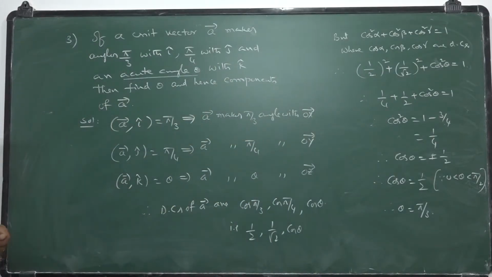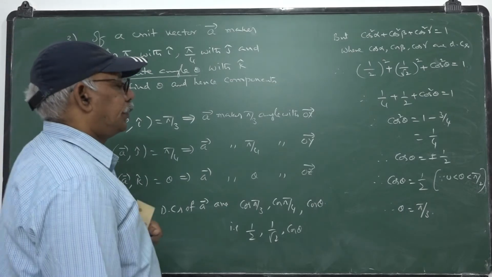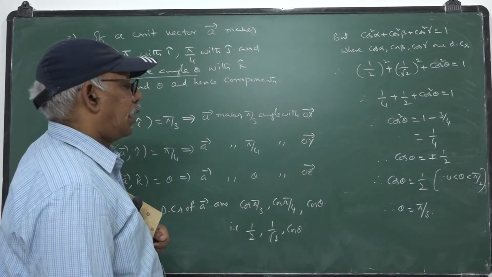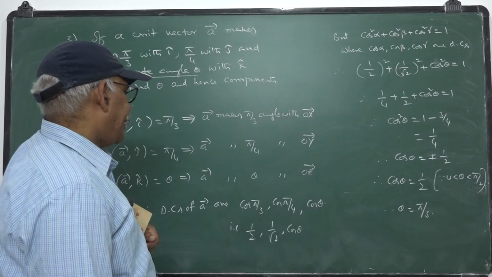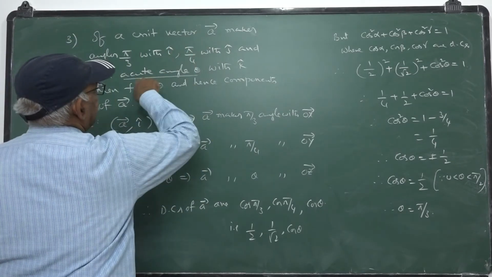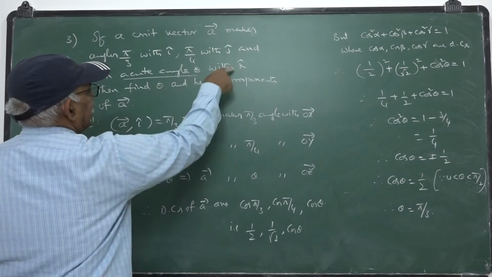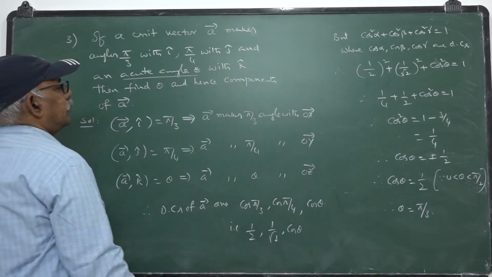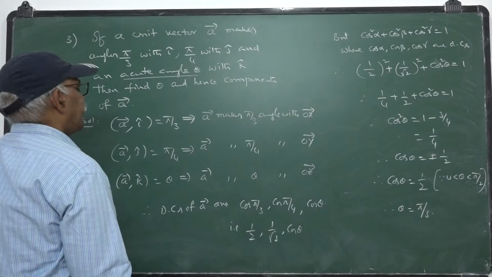Actually, theta may be pi by 3 or 2 pi by 3, but theta is specified as acute in the problem. So hence I will take only theta as 60 degrees. Hence the vector A bar is making 60 degrees angle with K. Hence find components of A bar.